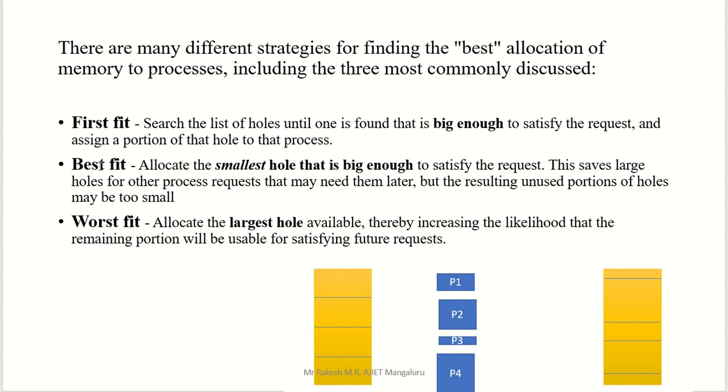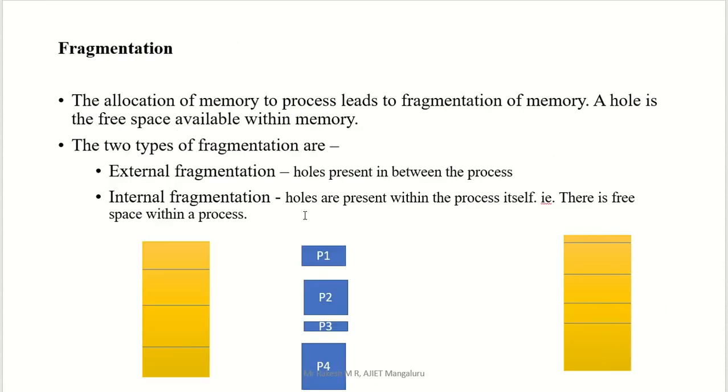So try to go for best fit or first fit. Initially see this process size and that memory size, and if that particular memory and process size are the same, then put it there. That is the concept of first fit or best fit. Better to go for first or best fit.